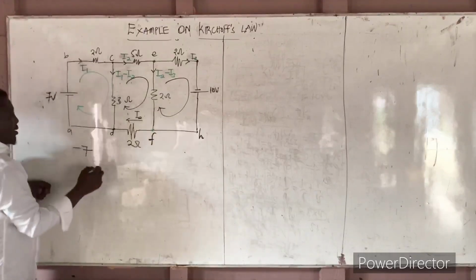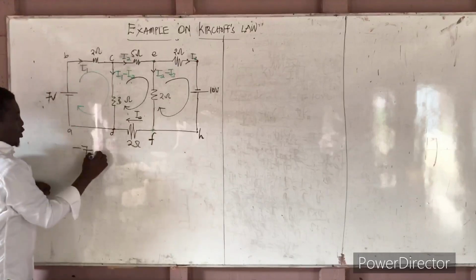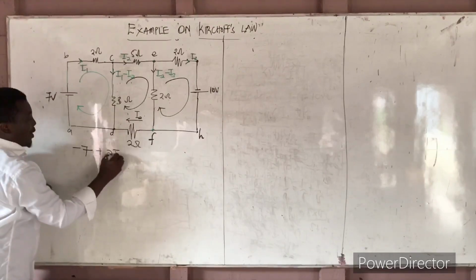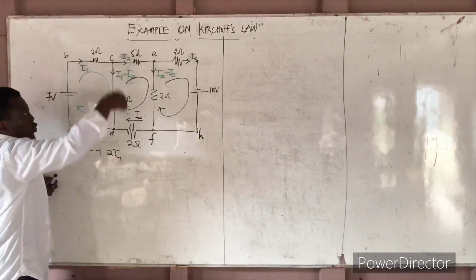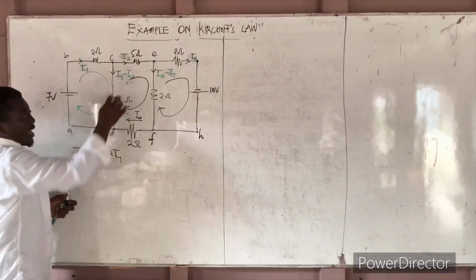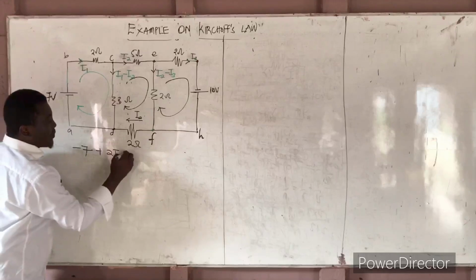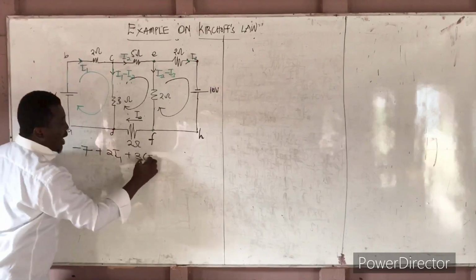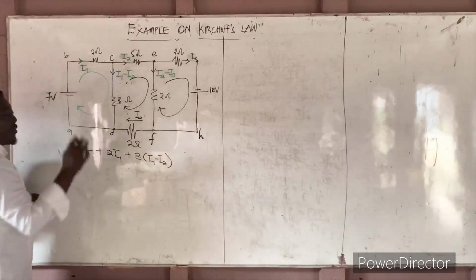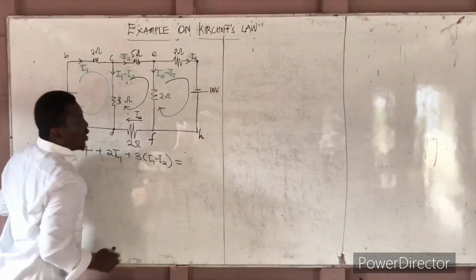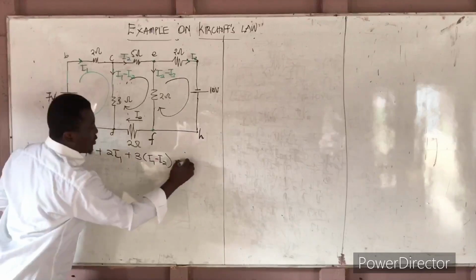So the voltage across this is going to be plus 2I1. Then it is in the same direction as I1 minus I2, so we are going to get plus 3(I1 minus I2). Since there is no other term, the law says that the algebraic sum is 0.